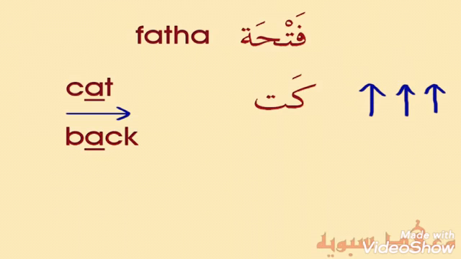Now, similarly, back, the word back, so it's the same sound, back. Now, just one thing to note is, when we say this sound, you'll notice your mouth is open, wide. Now let's just practice.